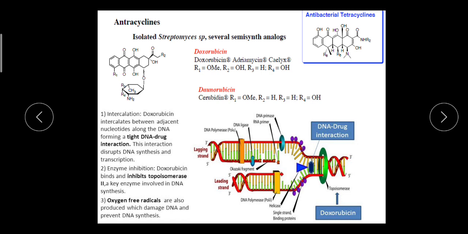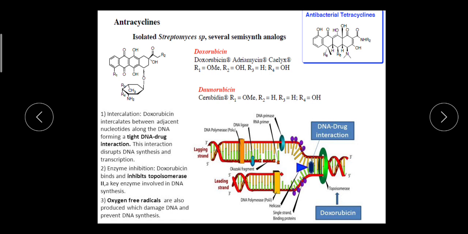The second way of mechanism of action is enzyme inhibition. It inhibits the topoisomerase 2 enzyme, which is the key enzyme involved in DNA synthesis. And the third mechanism of action is that it produces free radicals, as we have seen with bleomycin. Similar action is also shown by this anthracycline.